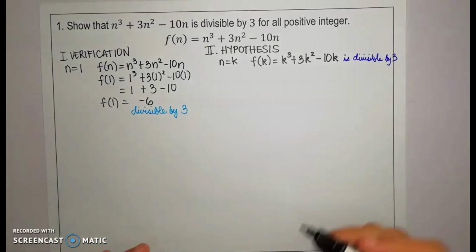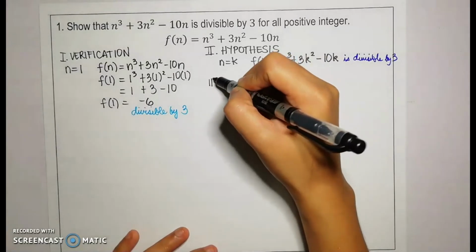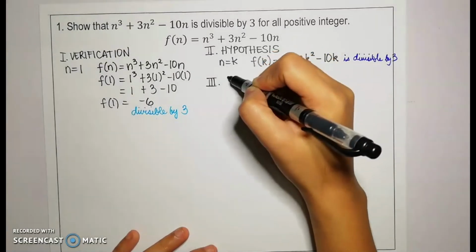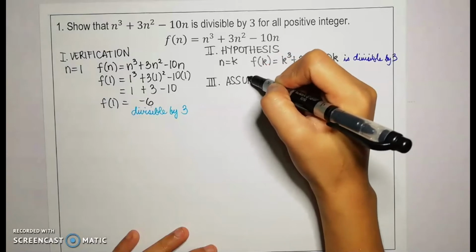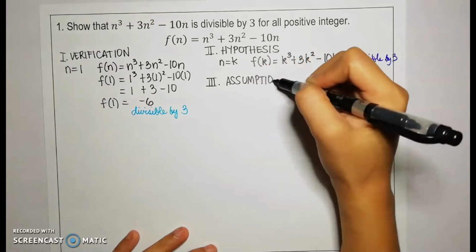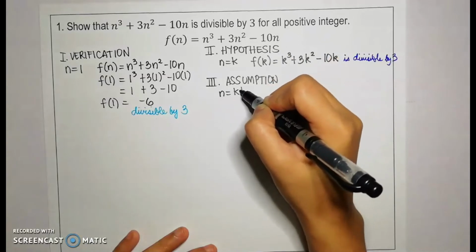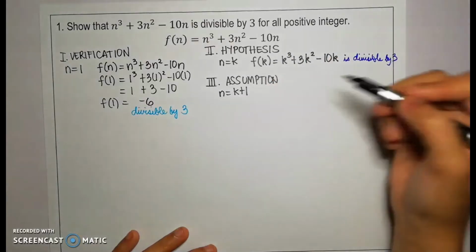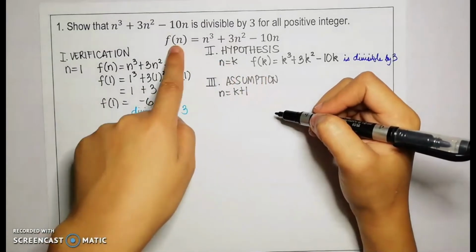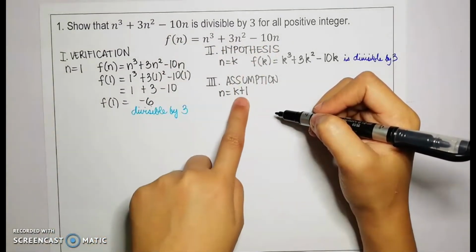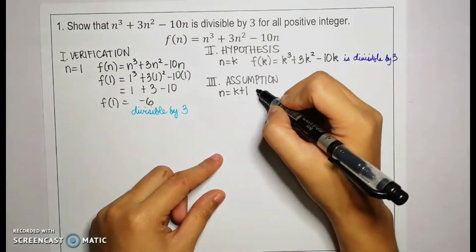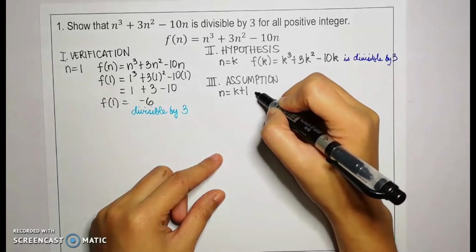For the third step, we need to have the assumption, wherein the assumption is letting n become k plus 1. We change our function with the values of n equal to k plus 1.